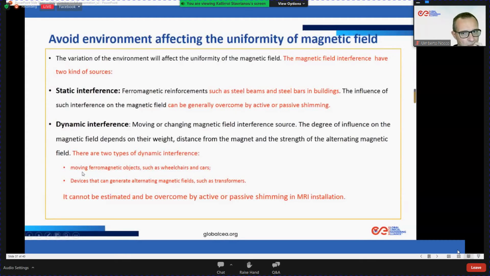One is a moving ferromagnetic object like a wheel car, and another is a device that generates an alternating magnetic field, such as a transformer. This dynamic interference cannot be overcome by active or passive shielding in MRI installation.